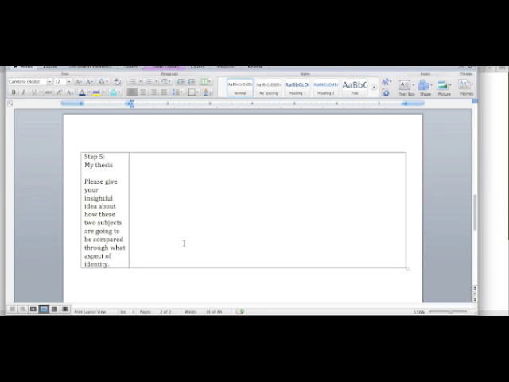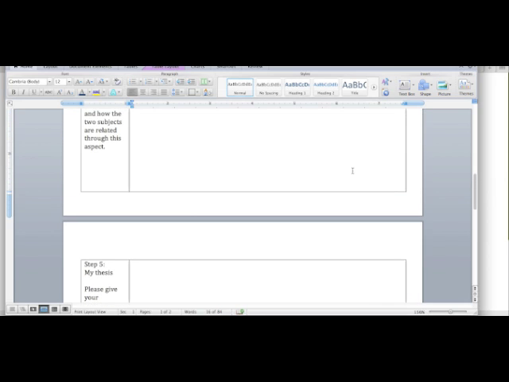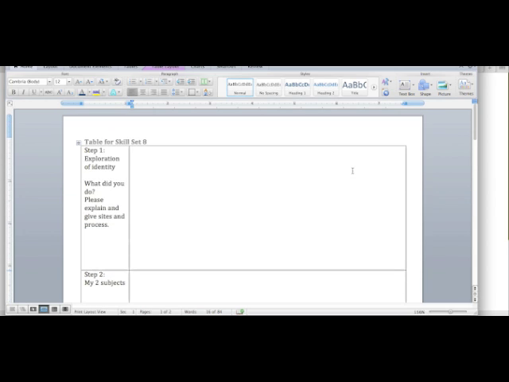Use what you know about subordinate clauses. Use what you know about commas. Use what you know about listing, right? It's a good exercise in crafting a well-expressed sentence. So there's your skill set assignment.